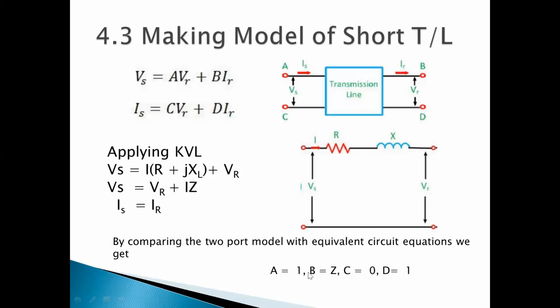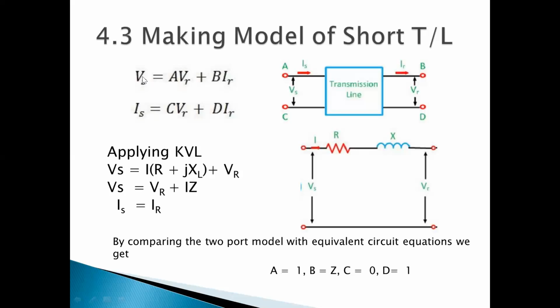If I have these constants, I can find the sending end voltage. For example, if I have receiving end current and receiving end voltage, I can just multiply, A is 1. I will put the values of these constants here and get the values of this voltage and this current.